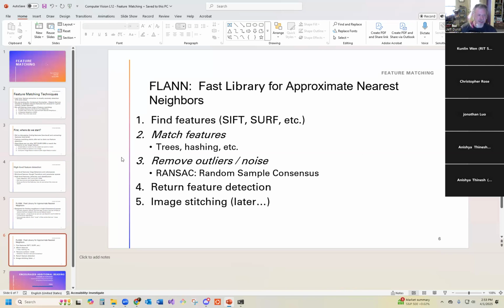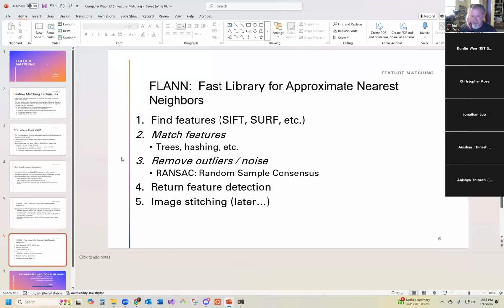And so after it does this for us, we give it the output of SIFT, and then it matches features, removes outliers and noise, and then it gives us back which pixels or objects in the scene match the target. They match what I've said I wanted to find.